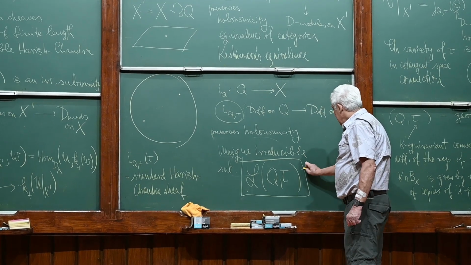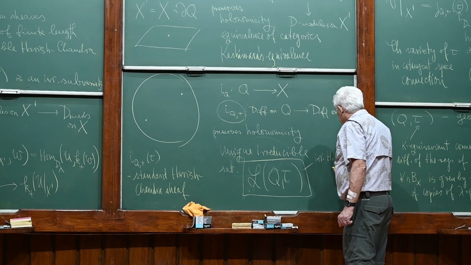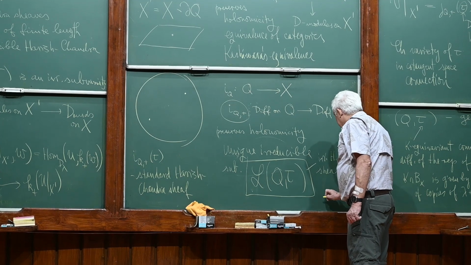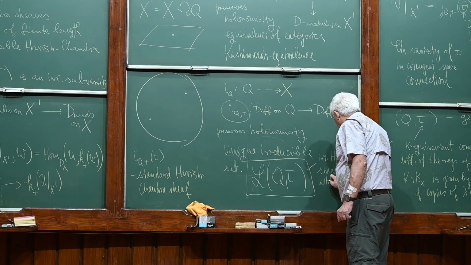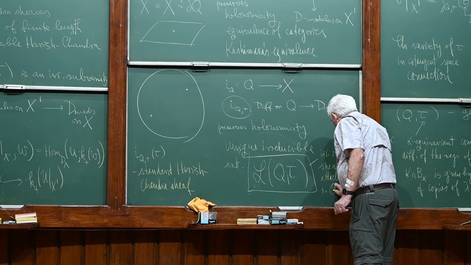And this is irreducible Harshchandra sheaf attached to the data Q tau.